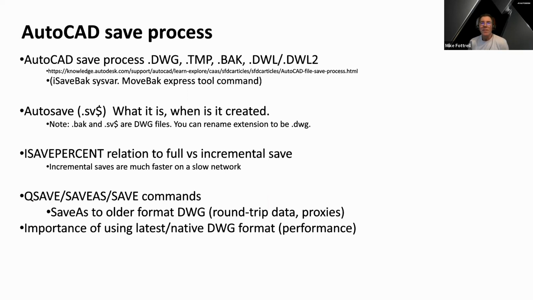So I have a couple file types listed here. I just wanted to go over them at a high level. There's a link, and this link is useful for understanding what AutoCAD does when you open or save a file, because you might see some of these extensions. You open the DWG file, but what are these other things that appear?